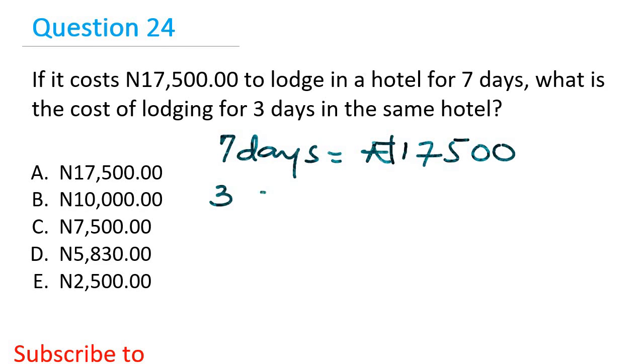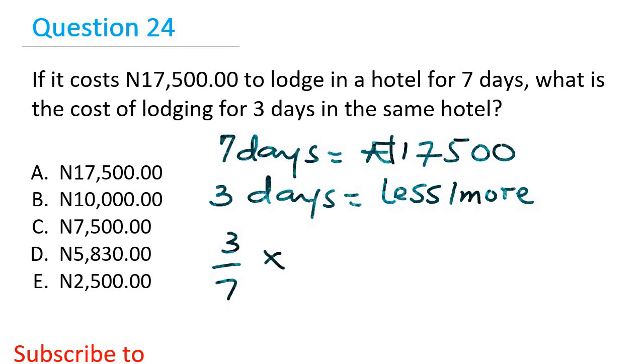If you want to lodge for 3 days, you won't have to pay as much as you have to pay for 7 days. You have to pay less. Whenever it's less, divide by the more. If it's more, you divide by the less. That's just the concept I'm giving you. So since you have to pay less, we divide 3 by 7 times 17500 to get our answer.